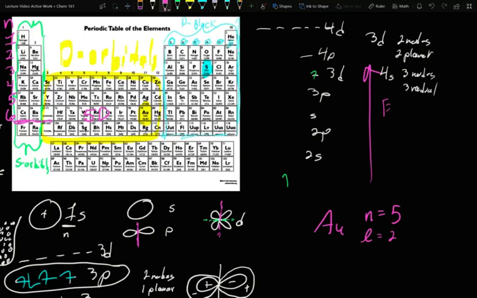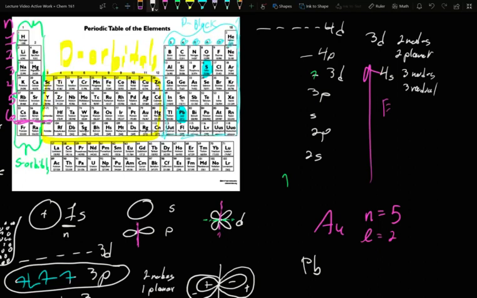And so your d orbitals are offset. They still allow you to just look at the periodic table and know what the last orbital an electron went into should be, but the numberings are slightly different than the s and the p's. The s and the p's you can figure out if we were to look at something like lead. Sorry, same row as gold, but over here in the p's, lead is definitely a 6.